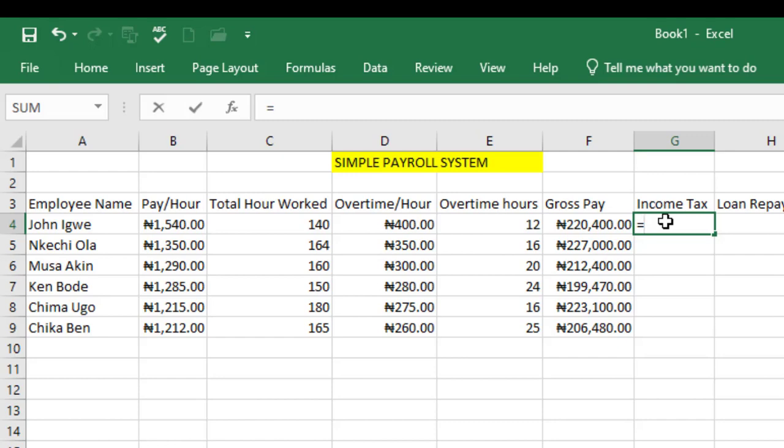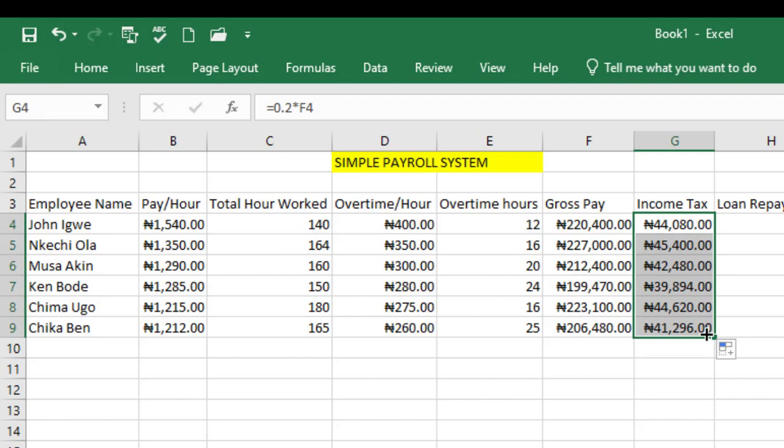So we say equals 0.2 multiplied by the gross pay. So we'll press the enter key. So this is the income tax of each individual. So we can drag this down.